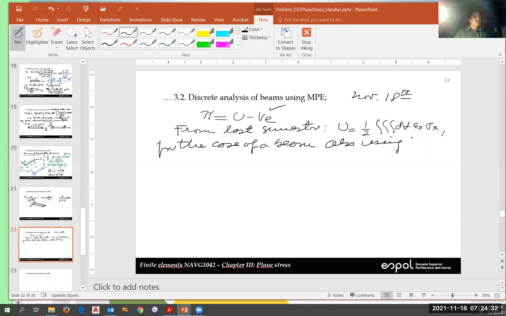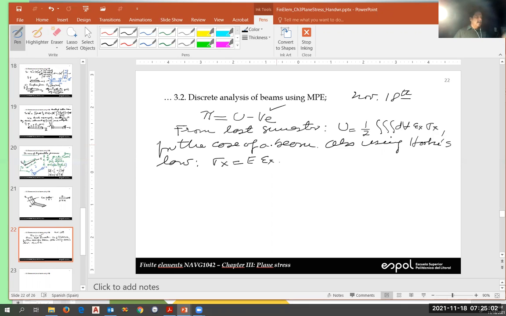Also, using Hooke's law, immediately we think of a material which is stressed below the yield point or the elastic limit. So in this case, since we have one single element, we can say that sigma x is equal to Young modulus times epsilon x.